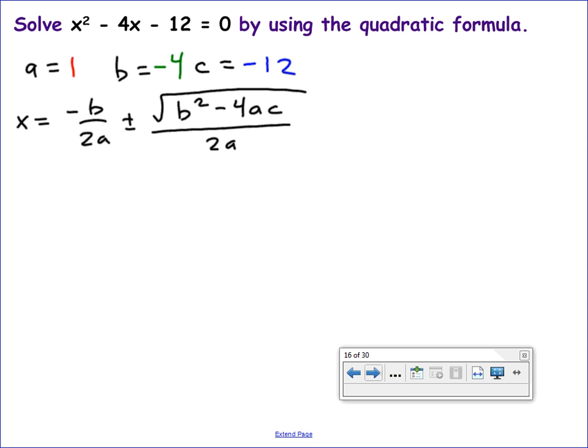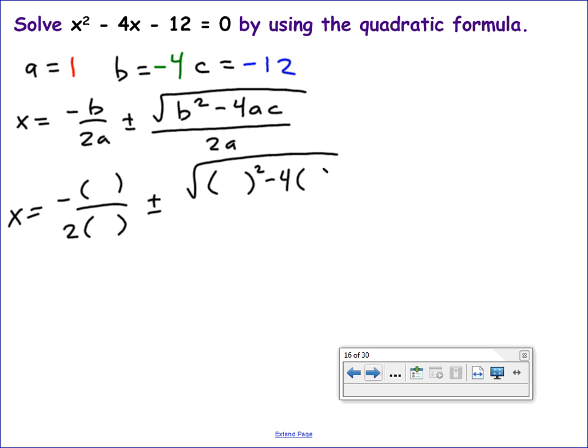And I'm going to rewrite this, but now I'm going to substitute in my values for a, b, and c. So opposite of b over twice the value of a plus or minus the square root of b squared minus 4 times a times c, closed radical, all over twice the value of a. Except everywhere I see an a, I'm not going to put a, I'm going to put 1.